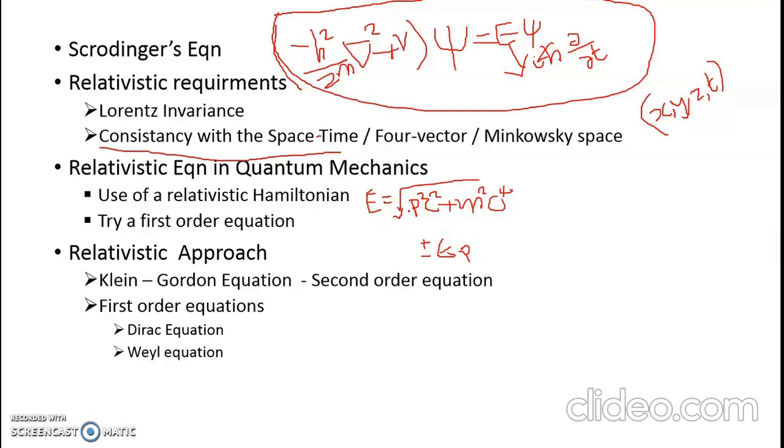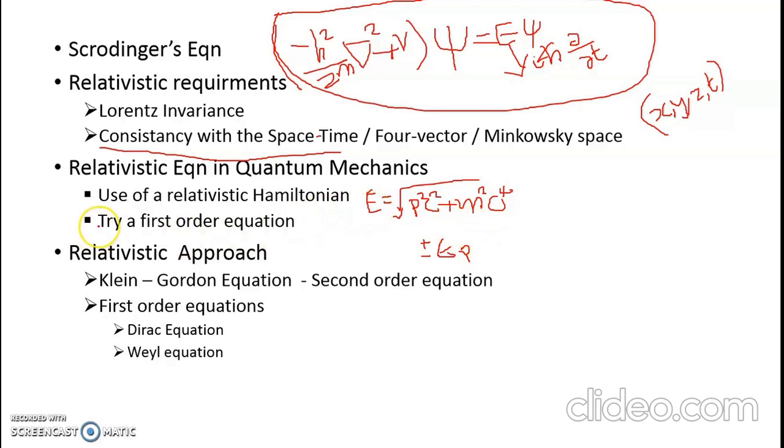However, in the interpretation, he came across the occurrence of this negative energy, and associated with that occurrence of negative energy, that we are going to discuss very shortly, there have been a lot of problems, and because of these problems, Schrodinger himself put aside this equation.